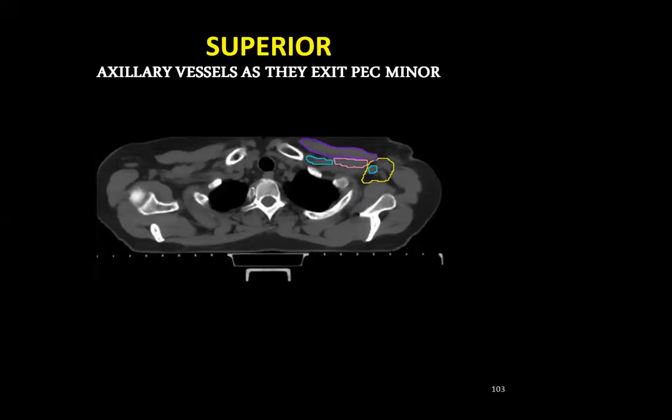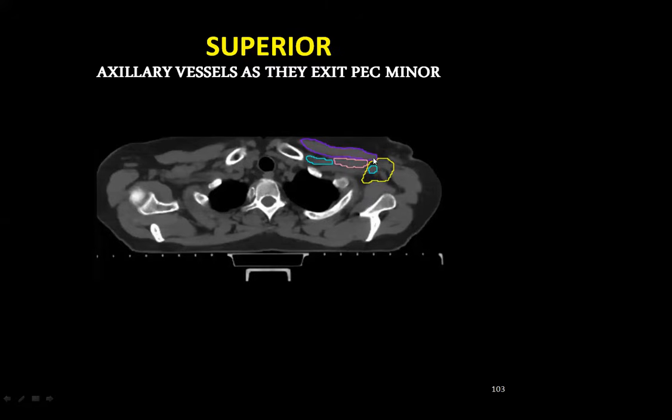So how to contour the level 1 group of lymph nodes? This yellow contour is the axillary level 1 group of lymph nodes, and superiorly is the exit of pectoralis minor.